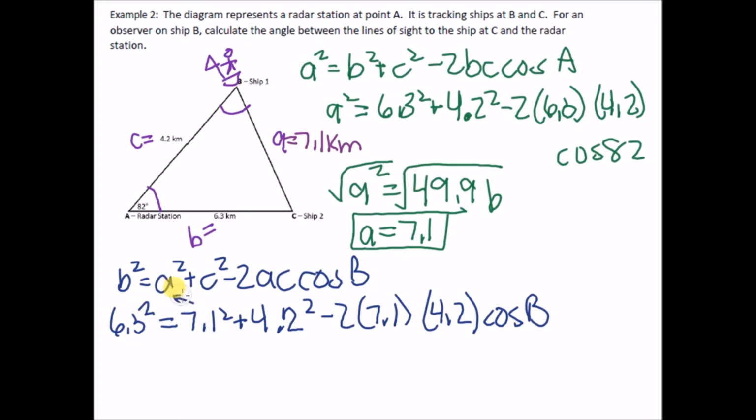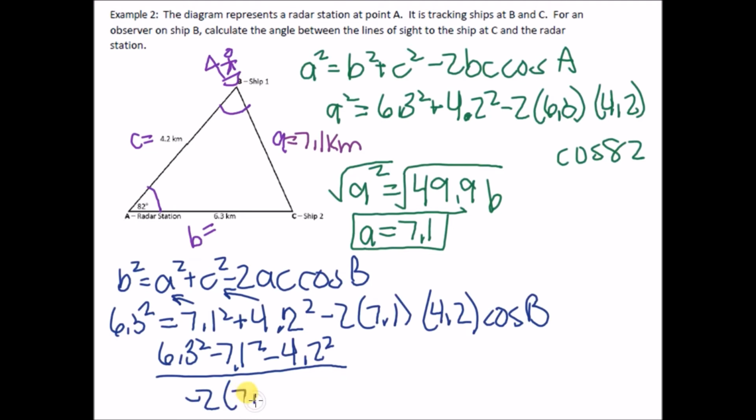Okay, if we bring over the 7.1 squared and the 4.2 squared, we're going to get 6.3 squared minus 7.1 squared minus 4.2 squared all over negative 2, 7.1, 4.2, and that's going to equal cos B.